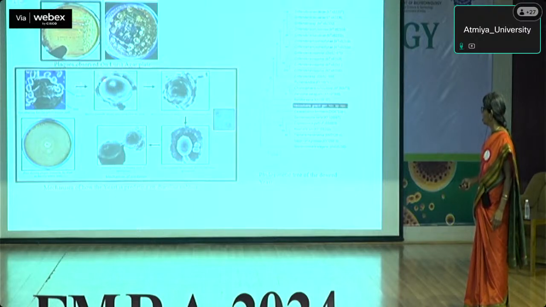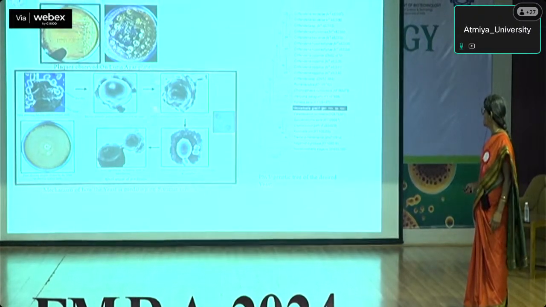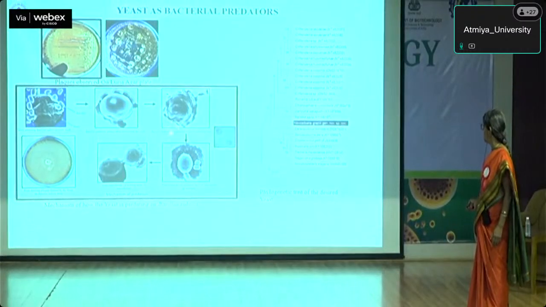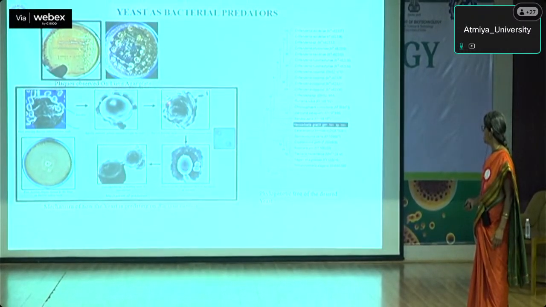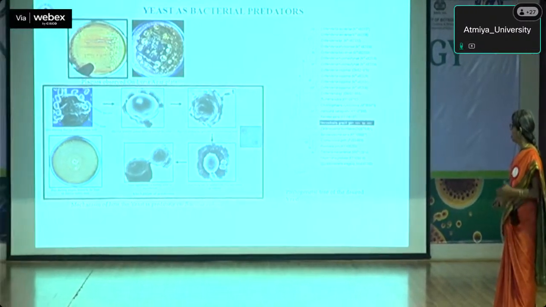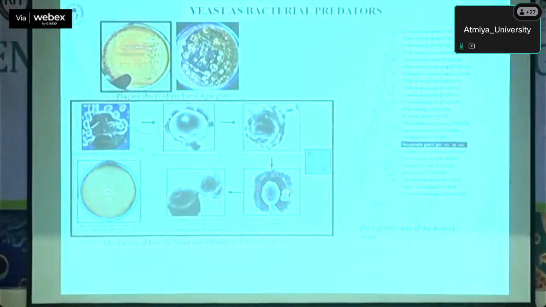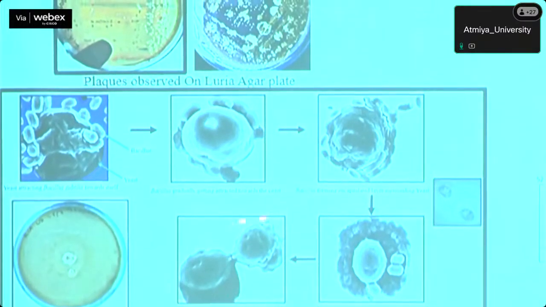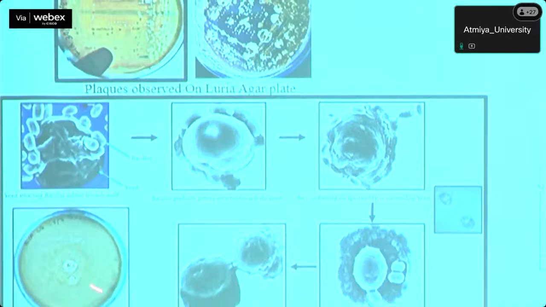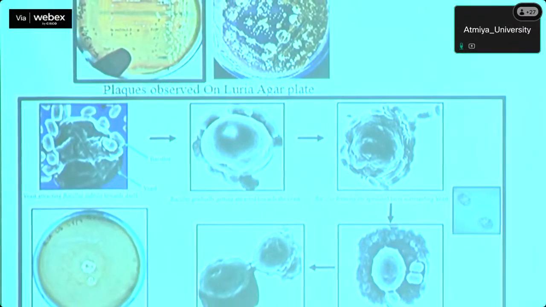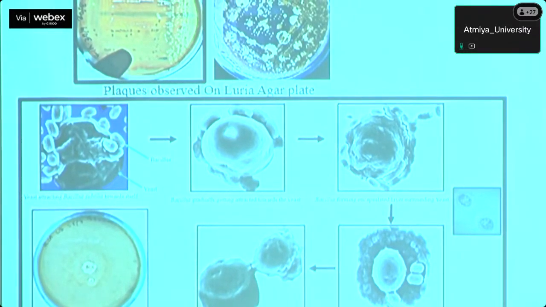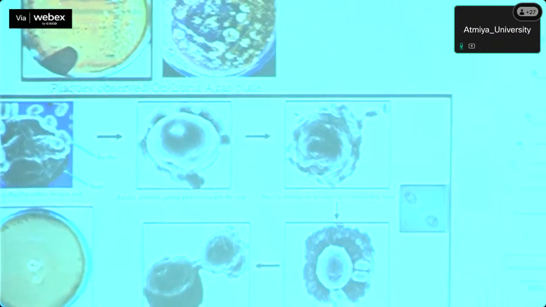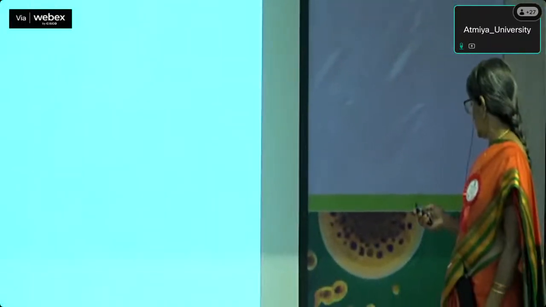The yeast cell is actually attracting the bacteria onto it, and after that it is forming an encapsulation where the bacteria are being, because of the enzymes produced, and then now you see, it is dividing. When it is dividing also, some bacteria are remaining like that. Yeast infections also are very difficult to treat. You can use bacteria to do it.